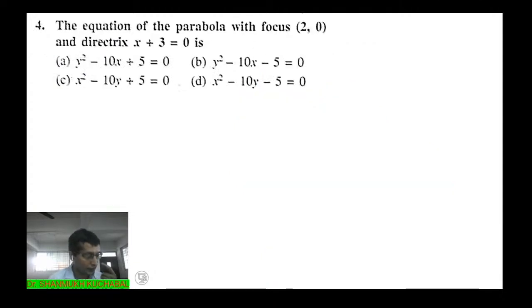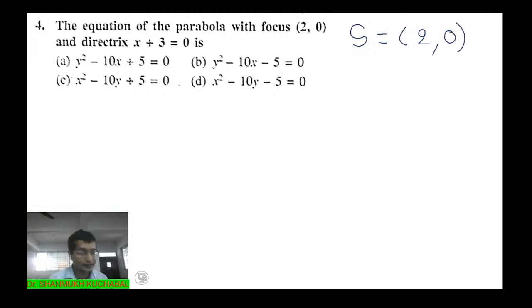Okay, we'll move to our next example. The equation of the parabola with focus (2, 0) and directrix x plus 3 equal to 0 is. Here the focus is given, S equal to the ordered pair (2, 0).